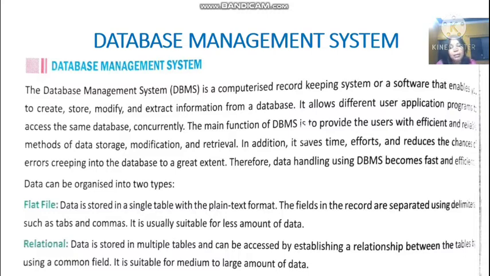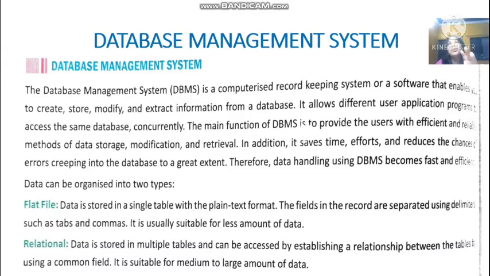A single table will be there, so no relation is required among different tables. So a flat file database management system is stored in a single table in plain text format. The fields in the records are separated using delimiters like comma, semicolon, tab, space; all of these can be used. It is usually suitable for a small amount of data.